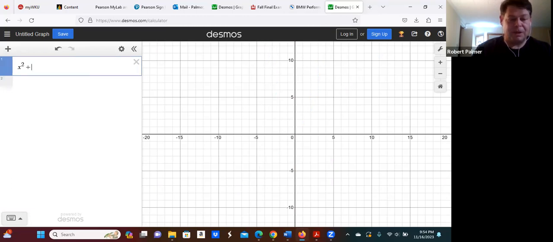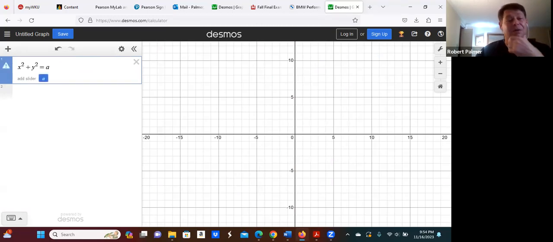X squared plus y squared is equal to 1. Okay, that's a circle there. Now, what happens when we make that 0? Make it 0, essentially it shrinks to a point. Essentially, this number over here determines how big the radius is.